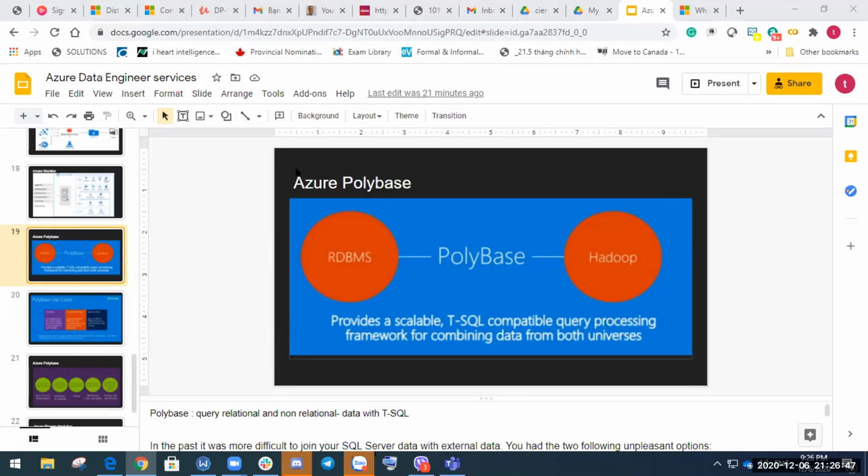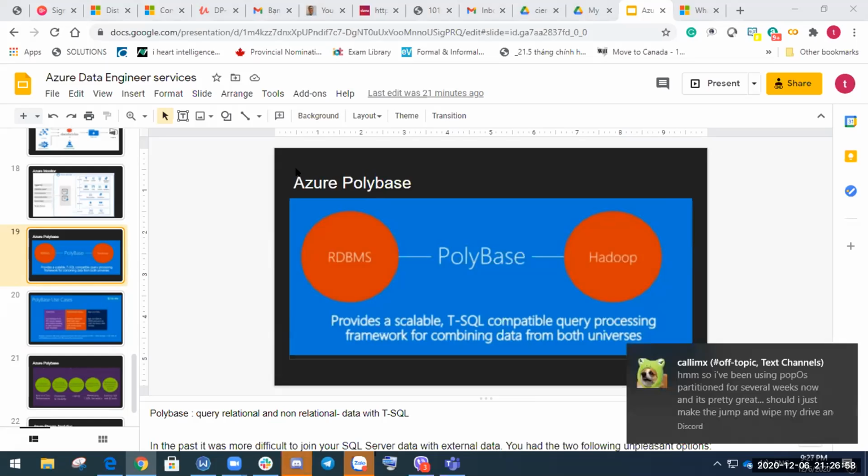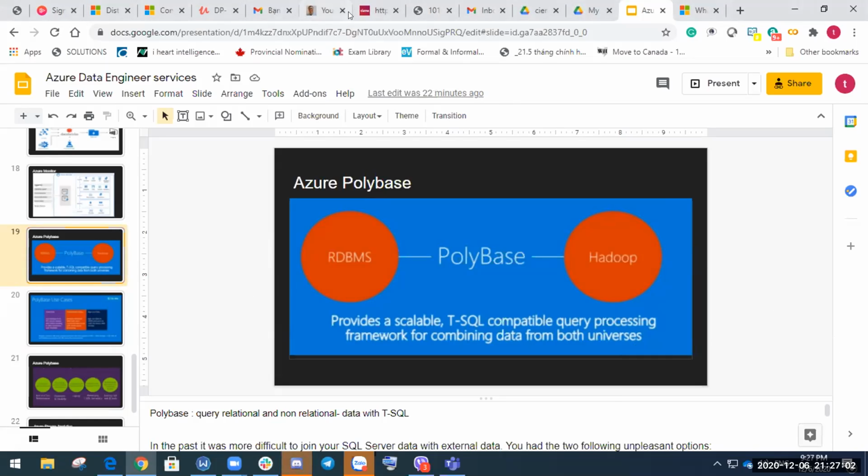So you don't need to do that with Polybase. It really helps you cut down all the complicated steps to analyze data from different sources. That is the main goal and purpose of Polybase.